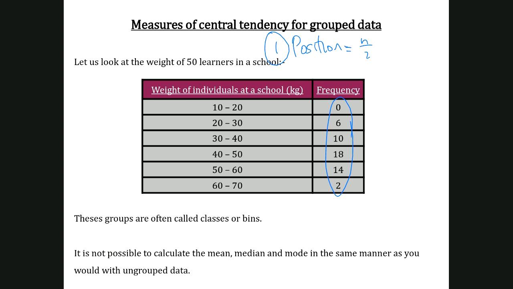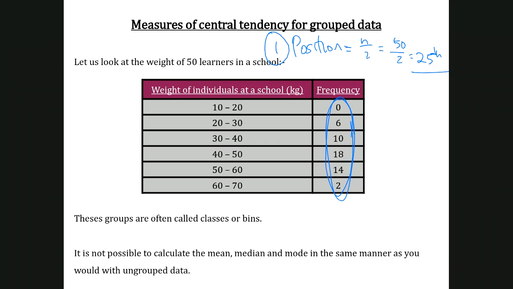So 50 over 2, which tells you that the position of your median is the 25th value in the data set. Once you know the position, you're going to look at your frequency column because your frequency column is telling you the number of occurrences, or how many values fall into each interval. So you're looking for the 25th value.